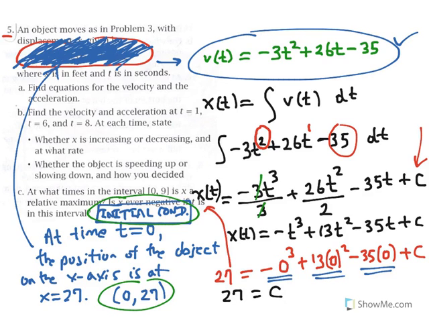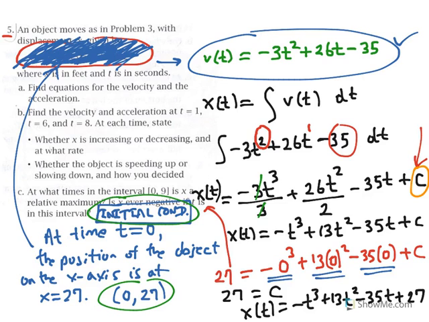So now I know that c should be 27, which means my displacement function would be x of t is equal to negative t cubed plus 13t squared minus 35t plus 27. And so in this problem, I was given the velocity function and an initial condition for the position function, and I was able to find an antiderivative of the velocity function with a constant of integration, but then I used the initial condition for the position function to find what the value of that constant should be.